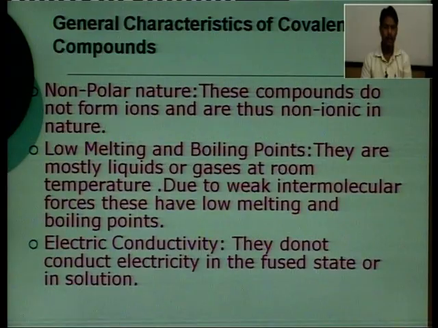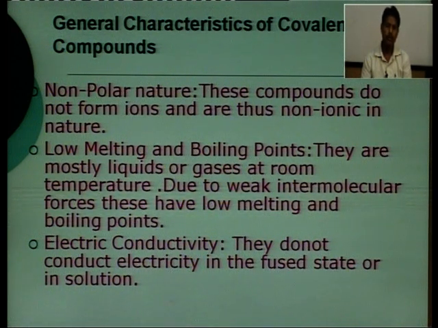When there are negative and positive charges, we call it a polar compound, and when there is no charge separation in the compound, that is, no positive and no negative charge, it is called a non-polar compound.